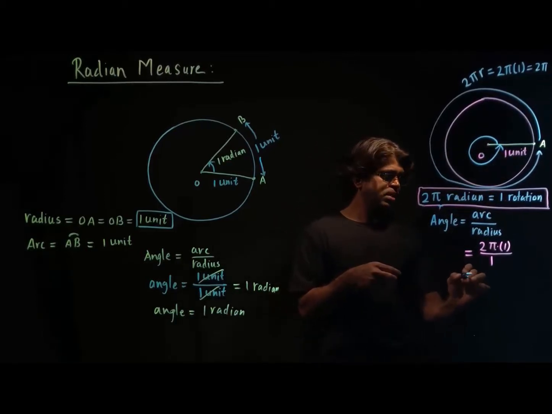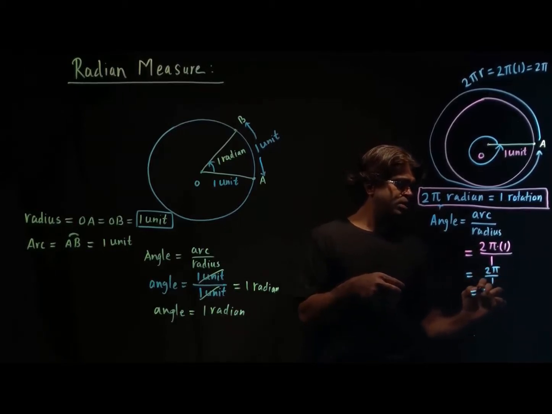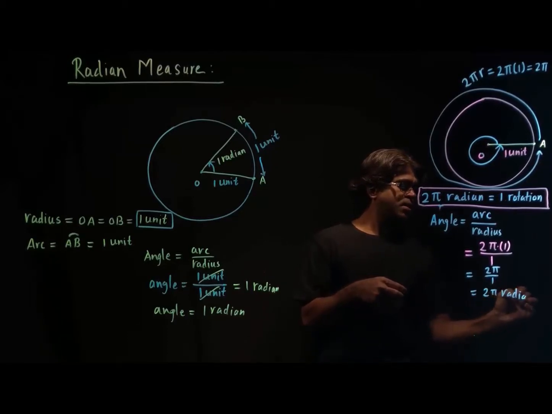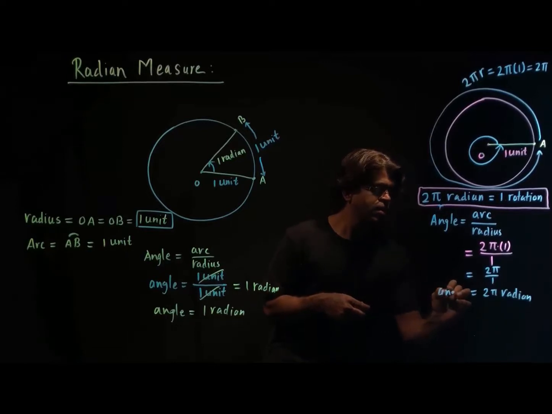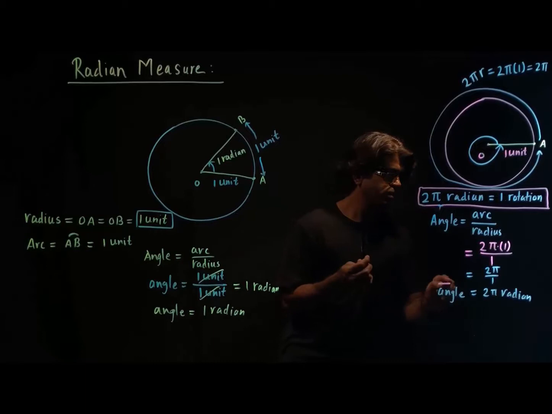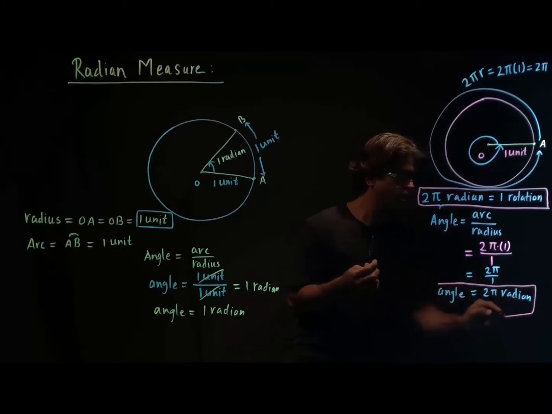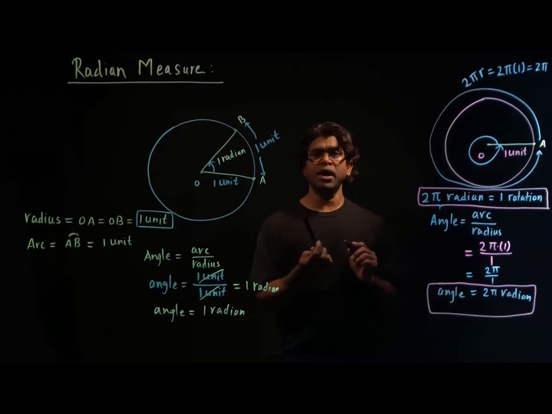So it's 2 pi over 1, which is 2 pi radian. So the angle subtended at the center of the circle for one rotation is 2 pi radian.